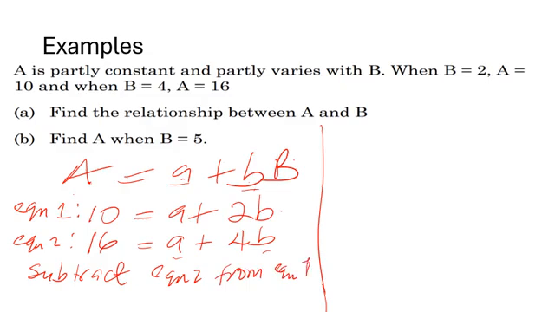So 10 minus 16 is negative 6, which will be equal to a minus a, that's 0, and 2b minus 4b, that's negative 2b. From here, make b the subject of the formula: b will be equal to negative 6 divided by negative 2, which is equal to 3.